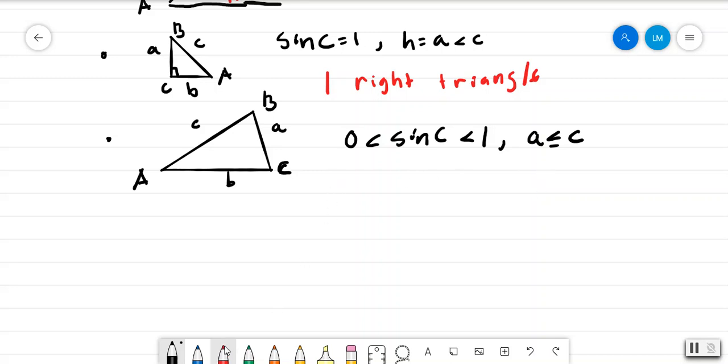So what this gives us is one oblique triangle.